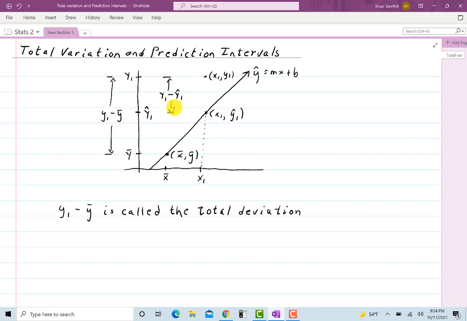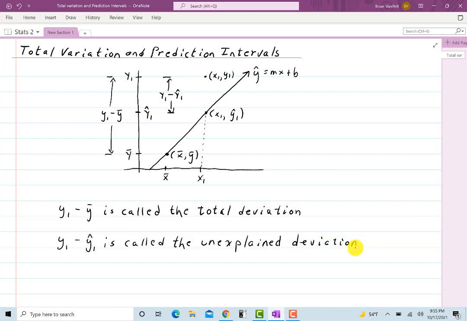That has a name also. y1 minus y1 hat is called the unexplained deviation.